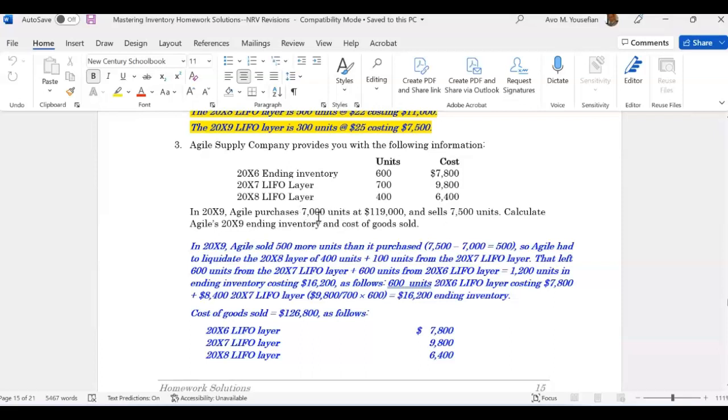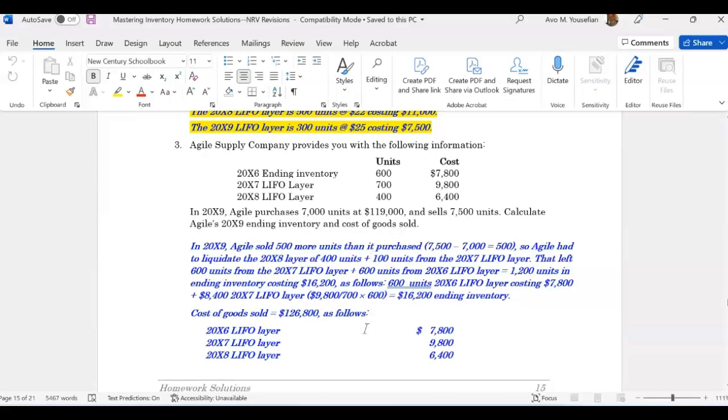Because they didn't purchase enough inventory, and they end up selling all 7,000 plus 500 from previous layers. So that's a LIFO liquidation. Calculate the company's 2019 ending inventory and cost of goods sold.